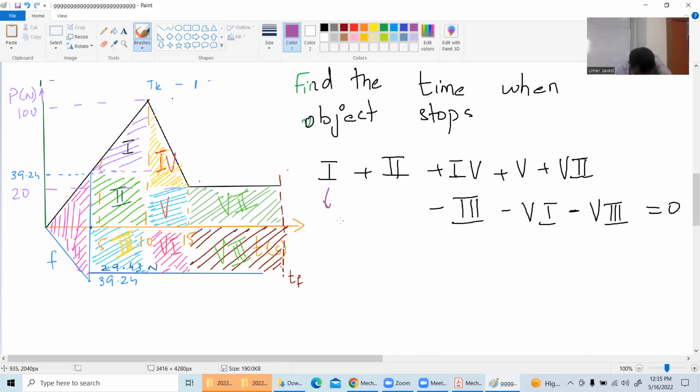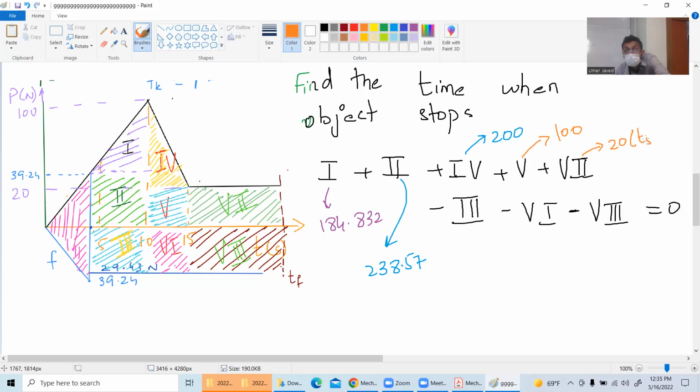This is 184.832. This is 238.57, I suppose. And 4 is 200. And 5 is 100. And 7 is 20 into TF minus 15.